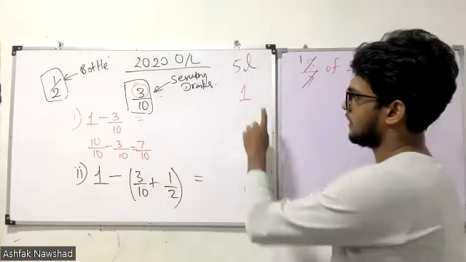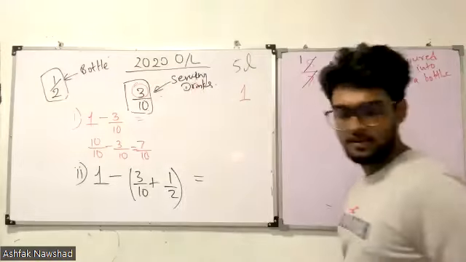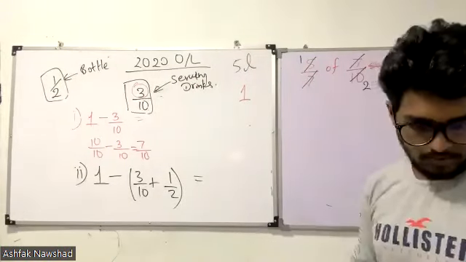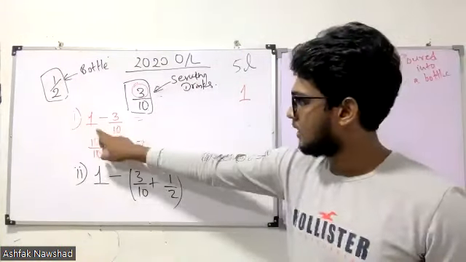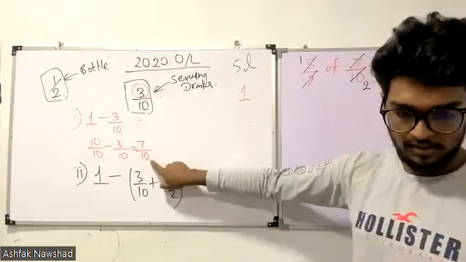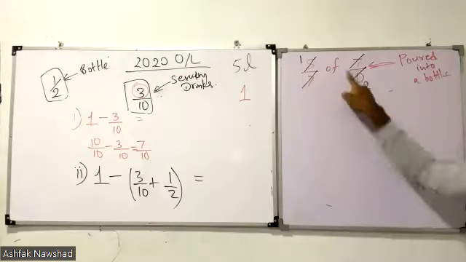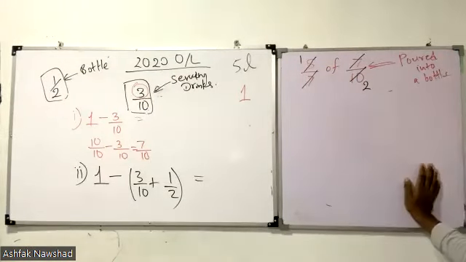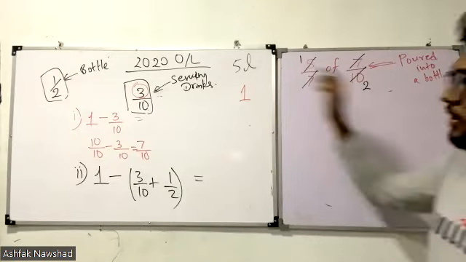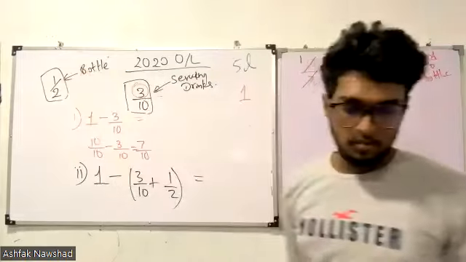What was the scenario? There was a bottle, and 3 out of 10 was used to serve drinks. So this is now remaining. And then they say 5 out of 7 of the remaining was poured into a bottle. So out of the total container, this part was poured into a bottle.